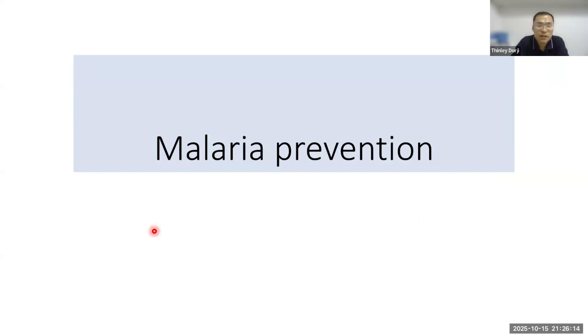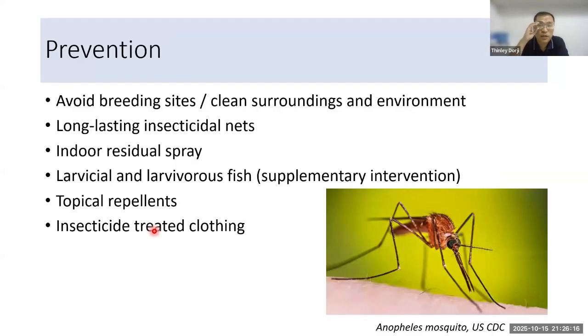The last part here is on malaria prevention. We need to keep our surroundings clean, avoid breeding sites, and use long-lasting insecticidal nets, especially among the population living in the southern belt, especially our farmers who spend nights in makeshift tents guarding their crops.